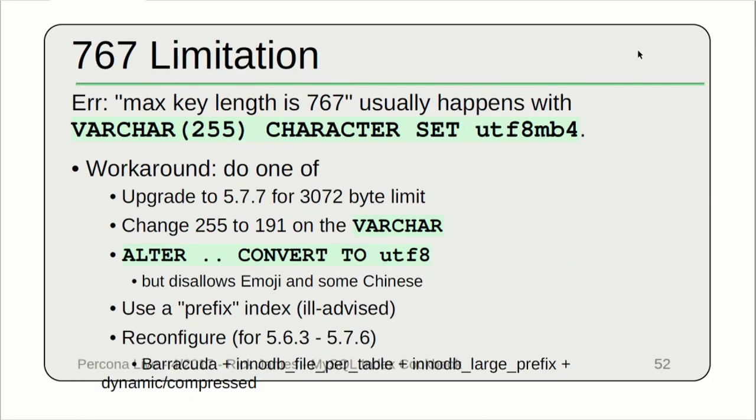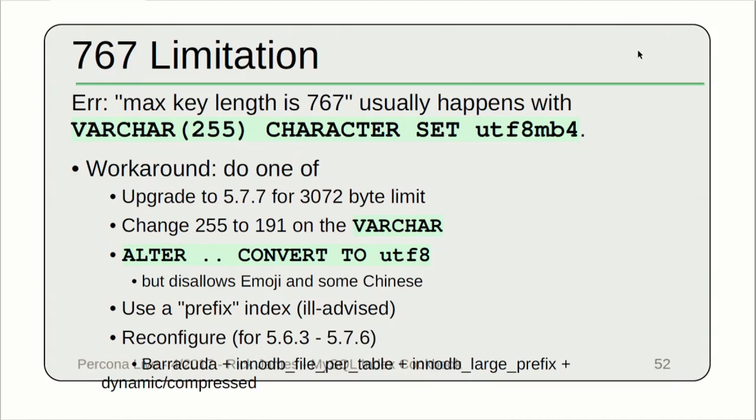767. If you're in 5.6, you probably hit a bug that finally went away in 5.7, wherein you get the error max key length 767. I'm not going to let you create this index. There are multiple workarounds, and I felt it was worth listing them for as long as 5.6 lives.